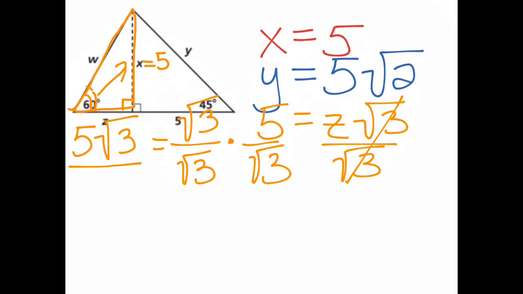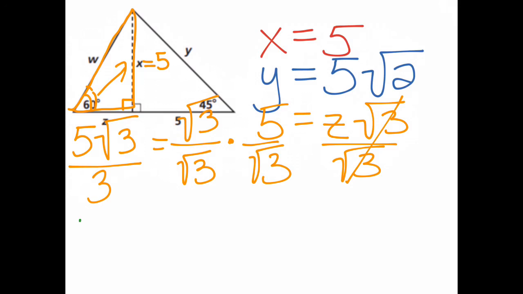On the bottom, a radical 3 times a radical 3 is a radical 9, which is a perfect square, and the square root of 9 is 3. So on the bottom, we actually have 3. And since a 5 and a 3 on the top and the bottom can't be reduced, and because the 3 on the bottom is on the outside and the 3 on the top is on the inside, it can't be reduced either. So the answer for letter Z is 5 radical 3 over 3.